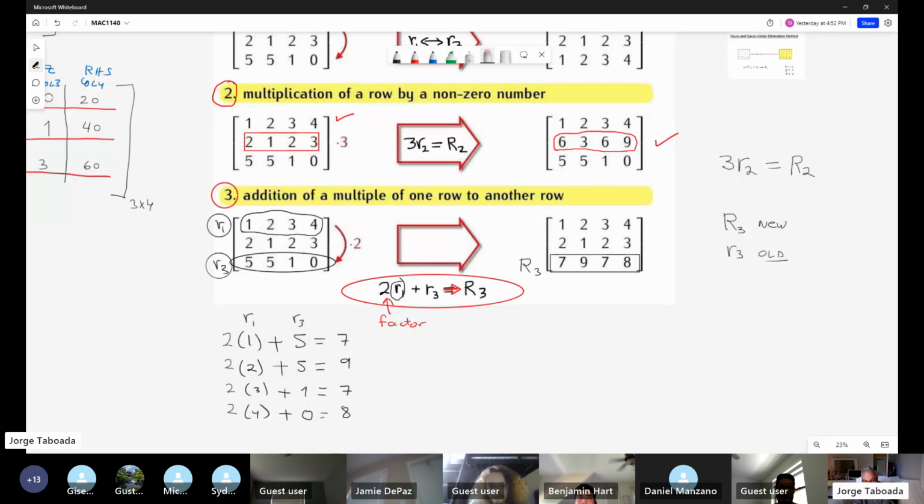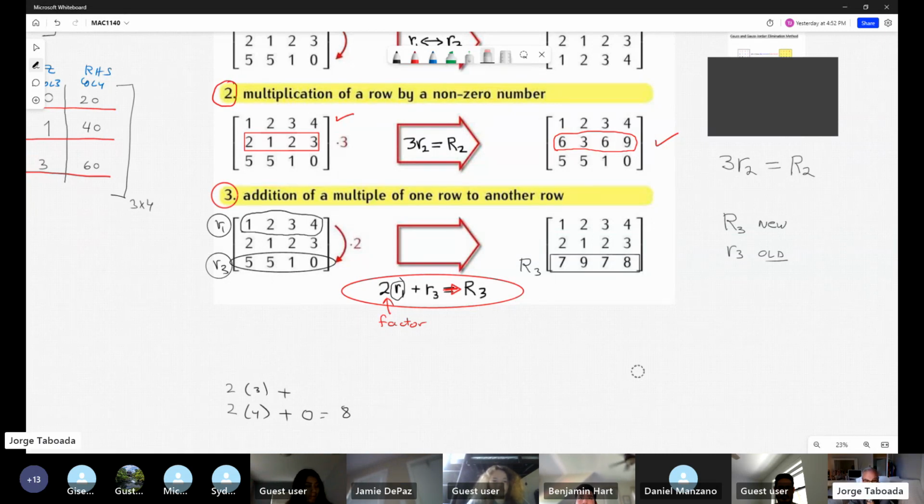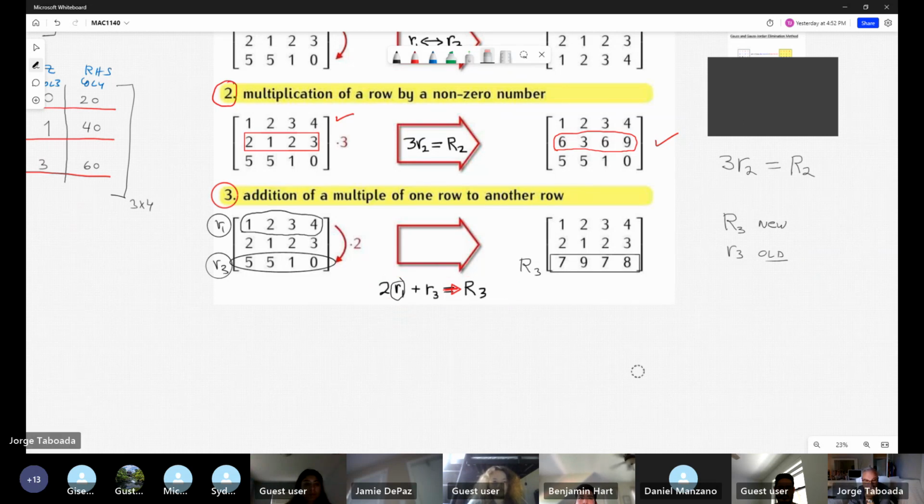Okay, I repeat again. Please pay attention. Let me start at the beginning. I want to explain that row operation. And maybe you think, well, professor, we confront this. This is another problem.